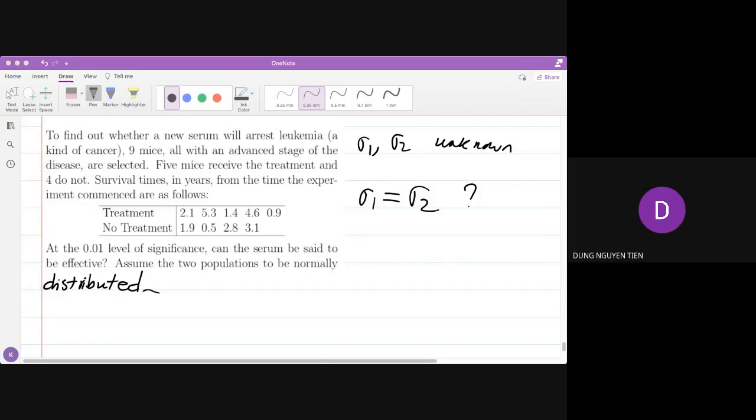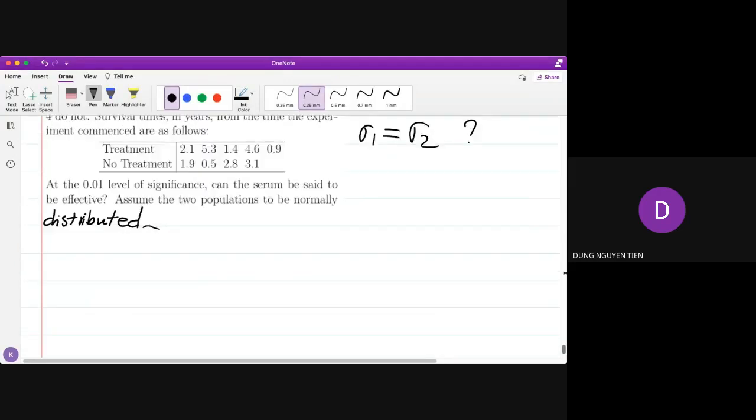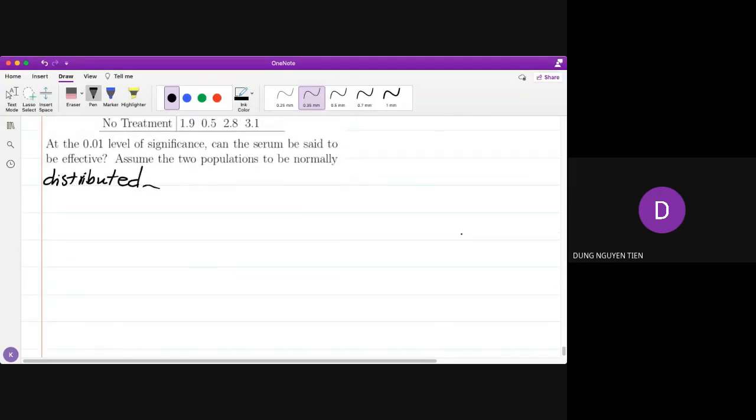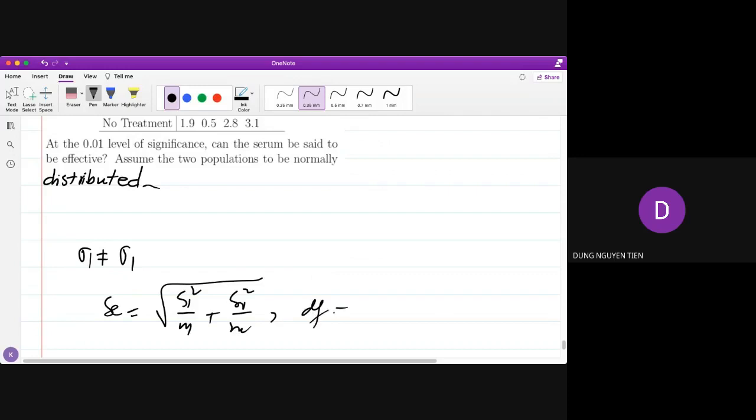So if they are not the same, then you use the following formula for the standard error. If sigma 1 and sigma 2 are not the same, then the standard error is simply the square root of s1 square over n1 plus s2 square over n2, and you need to find the degree of freedom, right? Which is a ratio, something like that.